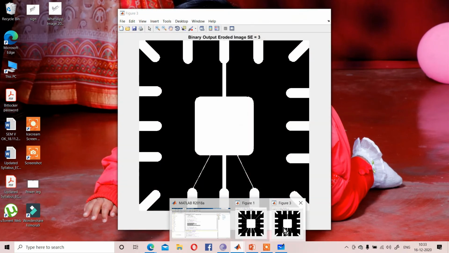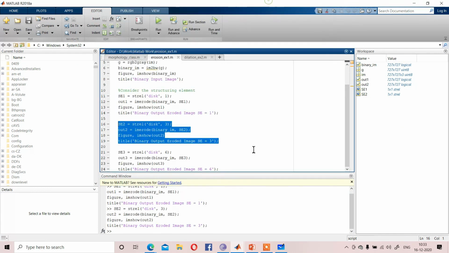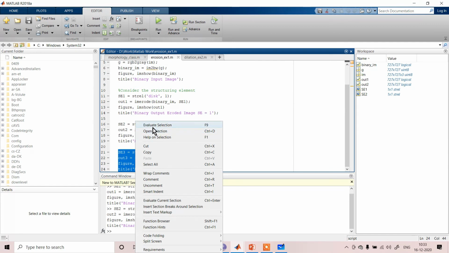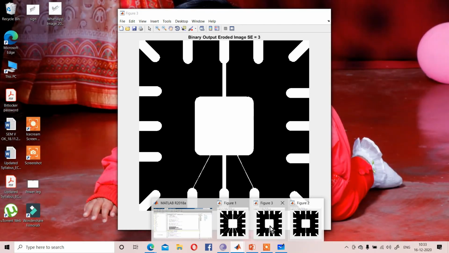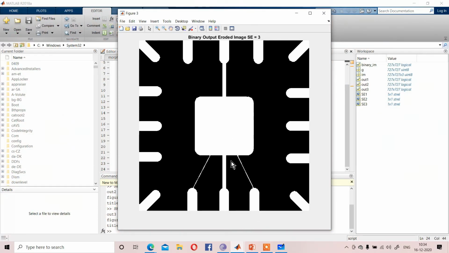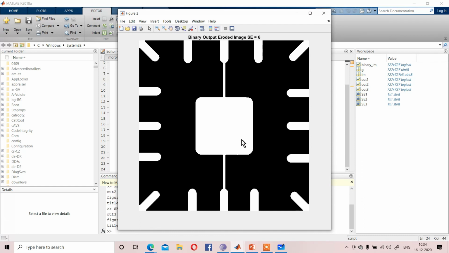Okay, and again if we increase the size of the structuring element, in this case the structuring element with 3, you have a total of 4 lines. 2 lines are given vertically and these 2 lines are also here, but whenever we are using a structuring element with 6, these 2 lines are also removed.